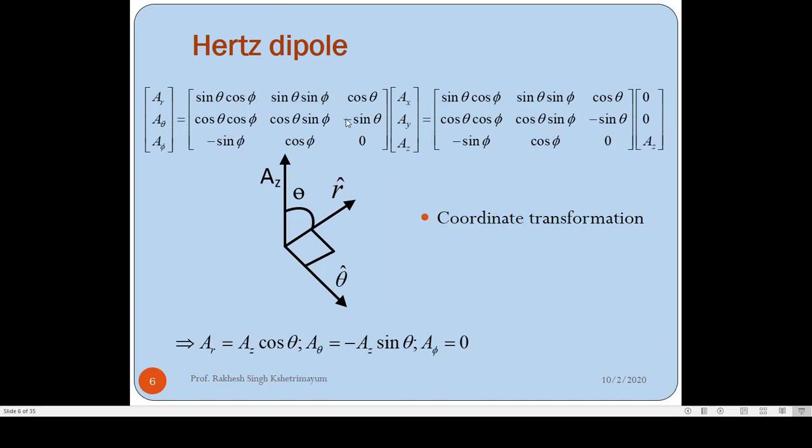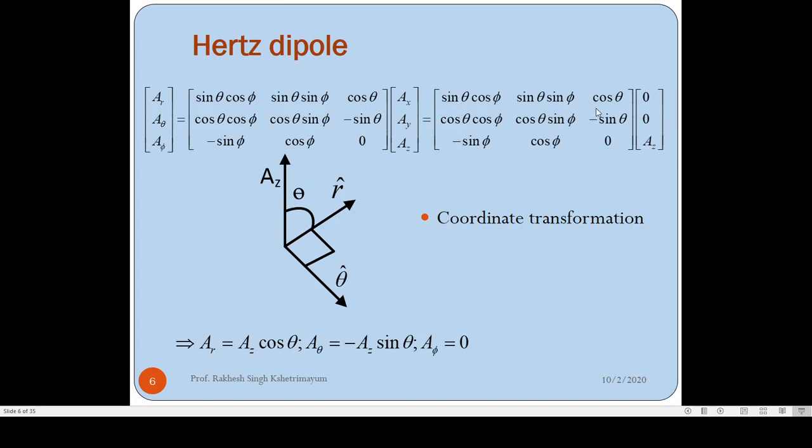coordinate transformation matrix. Now in this case we have a major simplification because the magnetic vector potential has only a z component, Az. So when you multiply it, Ar is basically Az cos theta, A theta is minus sin theta Az, and A phi will be 0.